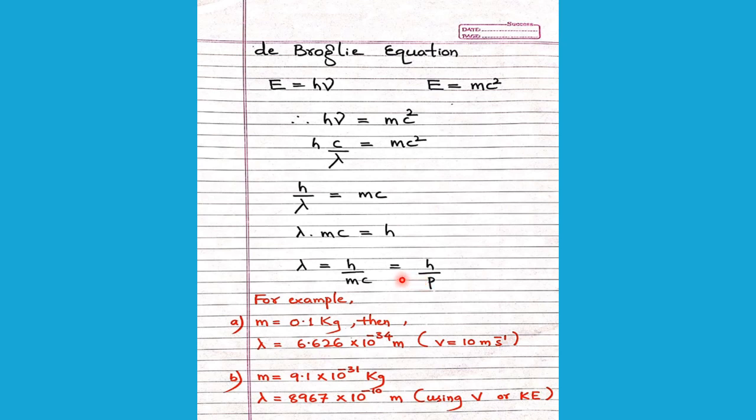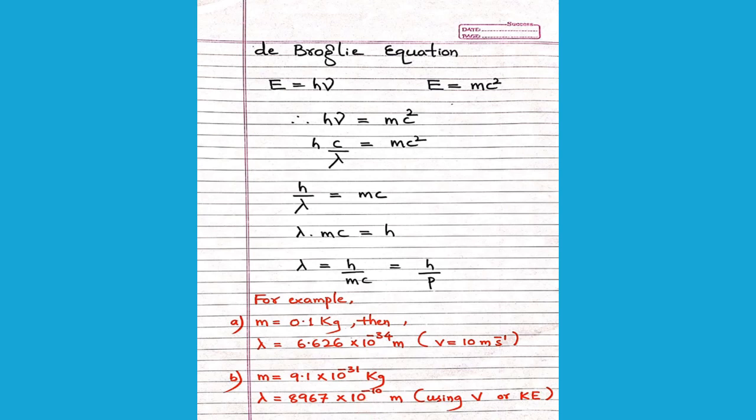Now for this equation, I have taken two examples. One is macroscopic, with 0.1 kilogram. The other one is a microscopic electron, 9.1 into 10 to the power minus 31 kg. You substitute this here and get the answer for lambda. For the macroscopic object, lambda is 6.626 into 10 to the power minus 34 meter. For the electron, lambda is 8967 into 10 to the power minus 10 meter. Please compare lambda for the macroscopic bigger object and the microscopic smaller object.